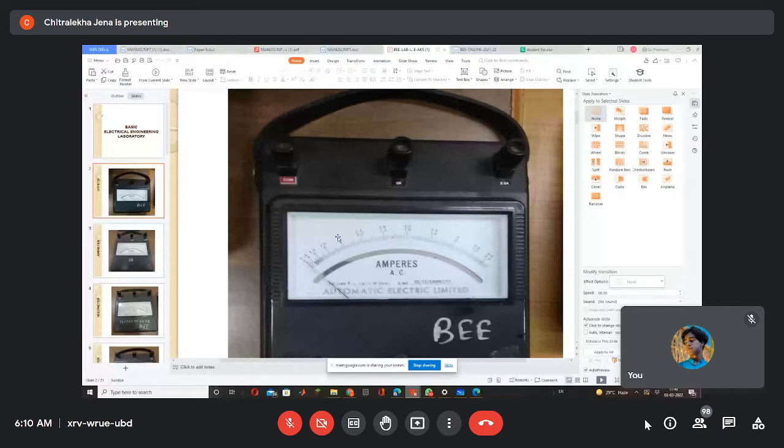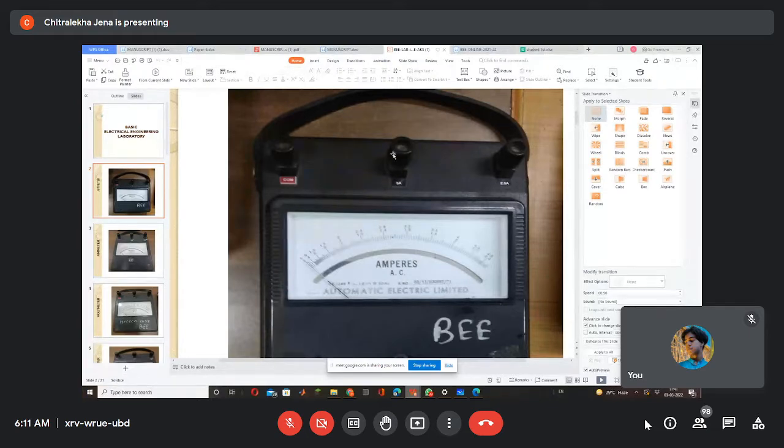Then you have to see carefully which range you have connected. If you have connected the 2.5 range and the pointer is at this point, you have to take it as 1 ampere. But if you have connected to 5 ampere and the pointer is here, then you have to take 2 ampere.